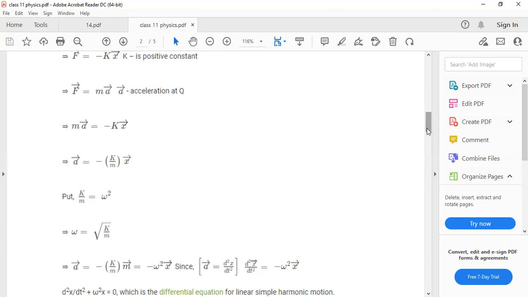And also we know that the A vector is defined by the double differentiation of the position vector, that is d2x upon dt square. So we can also write that d2x vector upon dt square equals minus omega square into x vector.